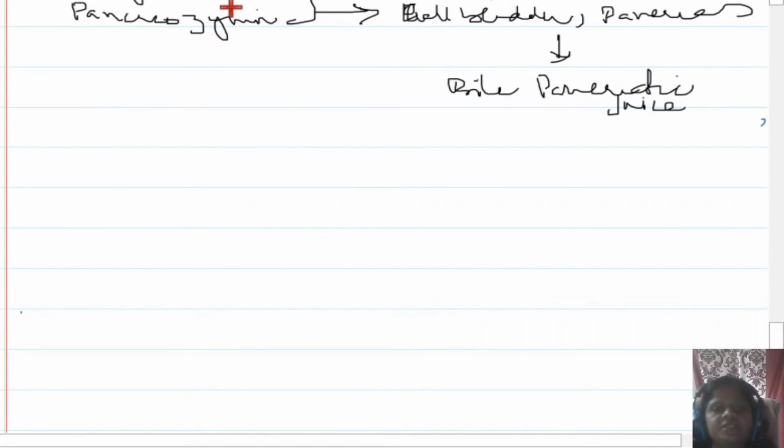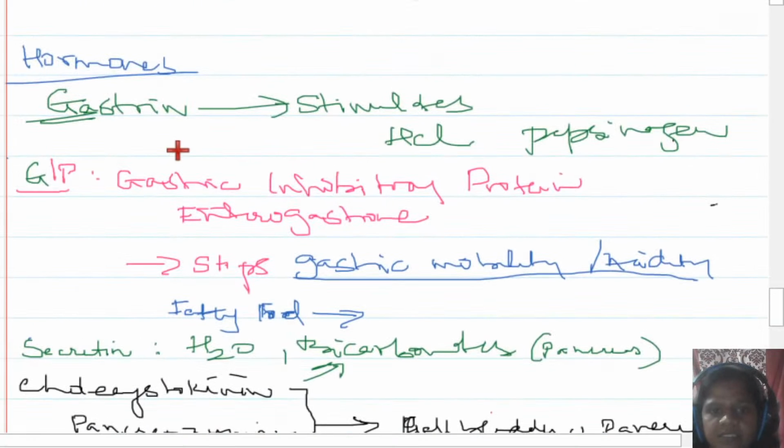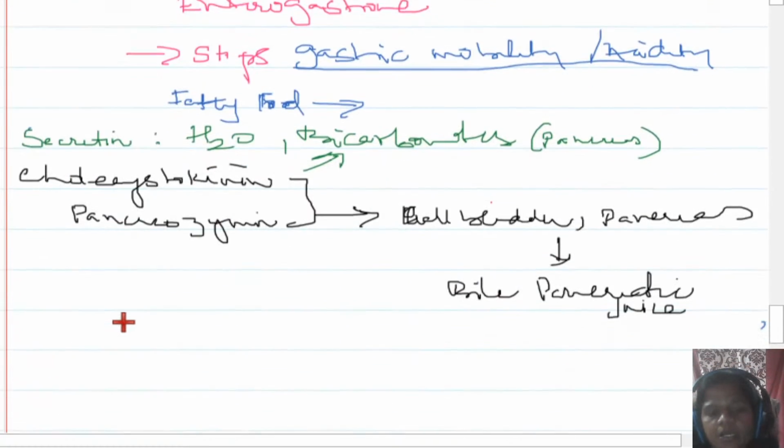So this releases the bile and the pancreatic juice, so they can act upon the carbs, proteins, and fats and complete the digestive process. These are the main ones: gastric inhibitory protein, secretin, and cholecystokinin.